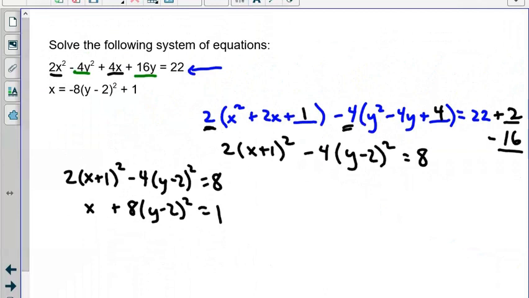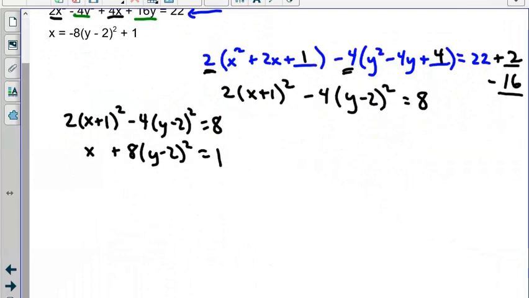And the reason why I think this is beneficial is if you take a look at this, there's a negative 4(y − 2)² and an 8(y − 2)² in both of these equations. What that actually will do for us, we can eliminate the entire term y − 2.